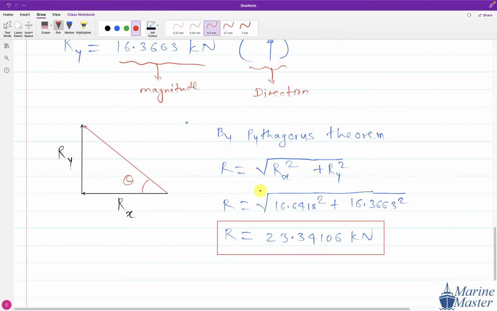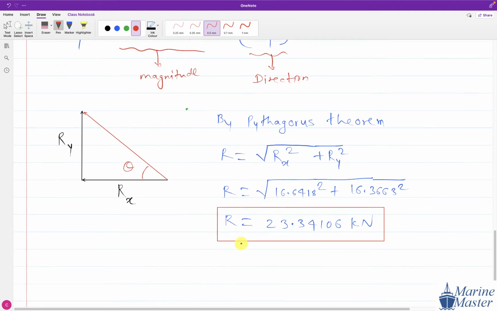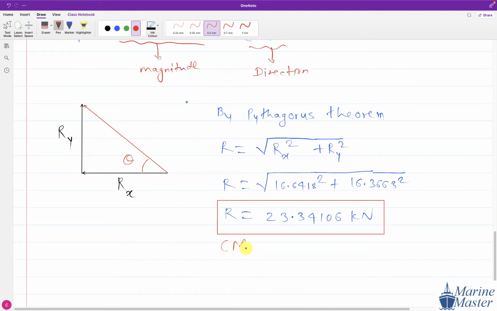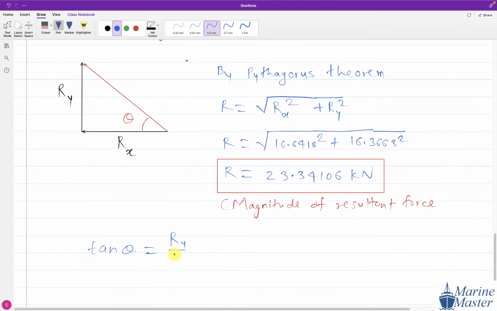So in this way we got the value of R. This will become the magnitude of R, the magnitude of the resultant force. And then we need a direction theta. So tan theta will be equal to opposite by adjacent, Ry by Rx.